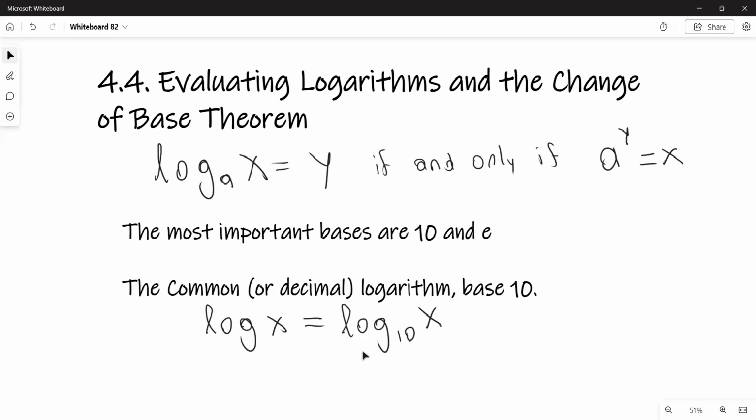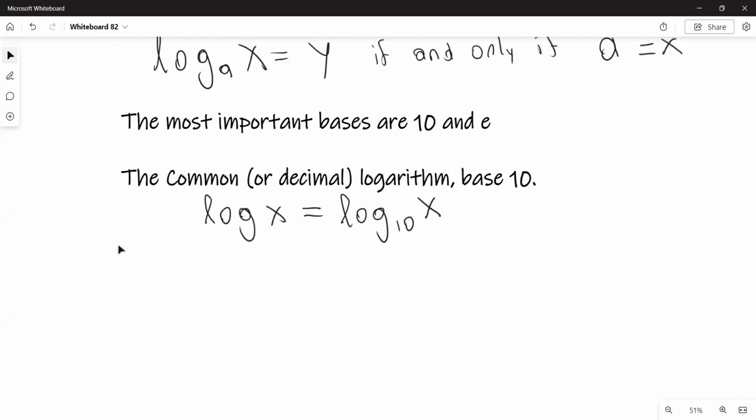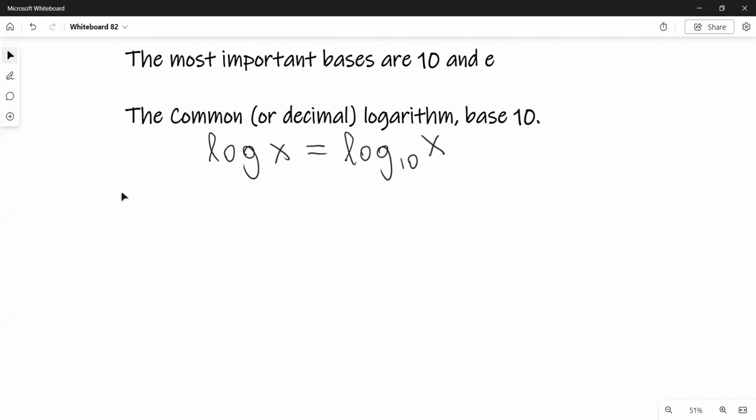So again, if you don't see the base written, it's logarithm with base 10. So that's the button you're going to see on a calculator.